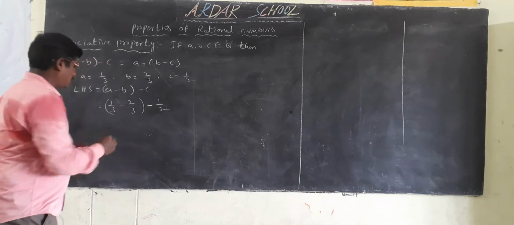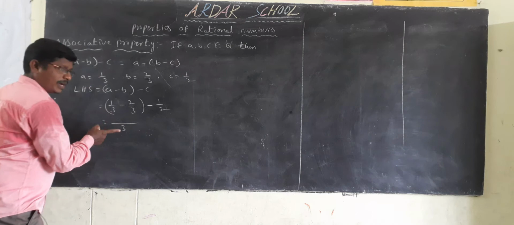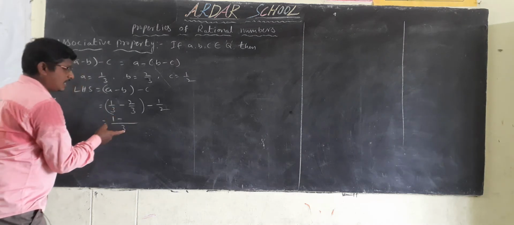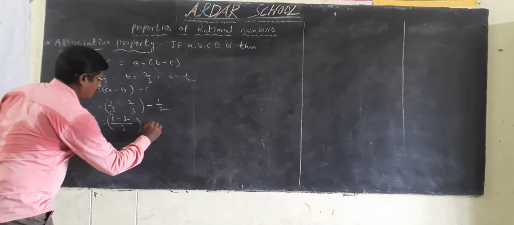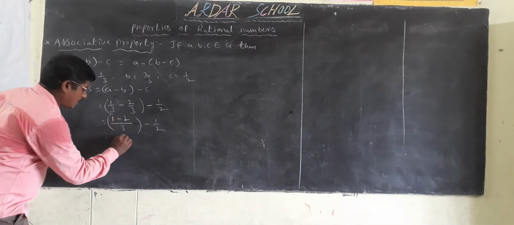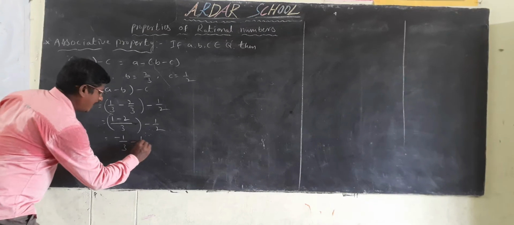First do these two, LCM is 3, 1 minus 2, that is minus 1 by 3. Minus 1 by 3 minus 1 by 2.